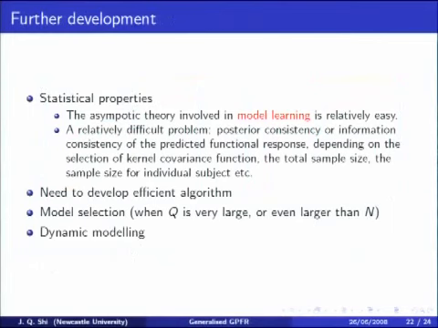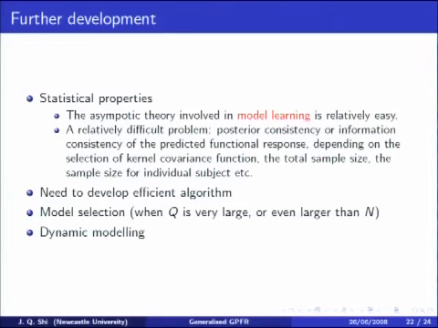Okay, this is almost my last slide. We haven't finished this project yet, but at the moment we mainly focus on studying the statistical properties. There are two parts in the inference. The first part is model learning, which is actually not very difficult.